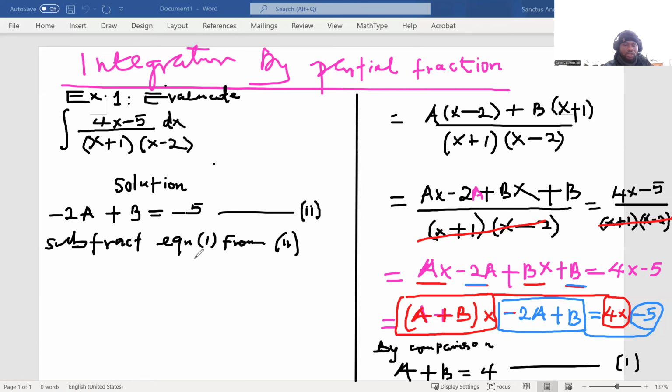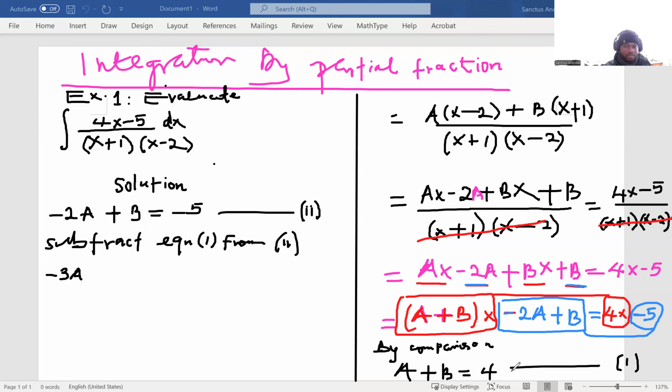Okay, so if we subtract equation 1 from 2, minus 2a minus a, that is minus 3a. b minus b, 0.